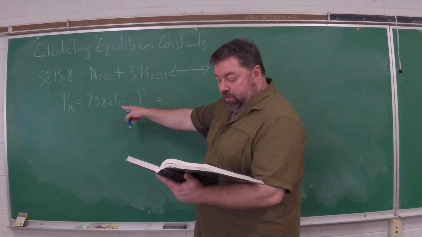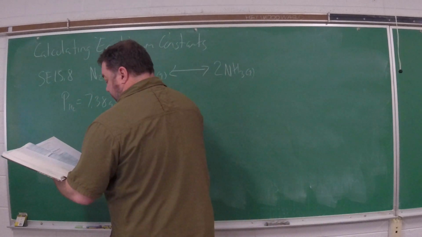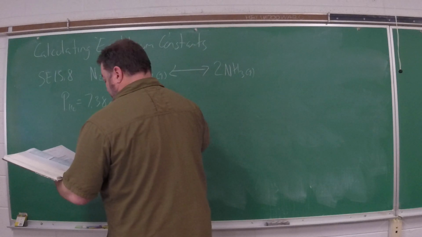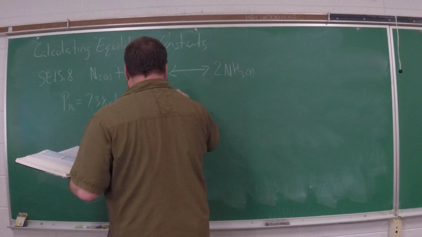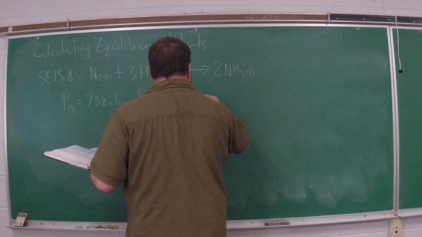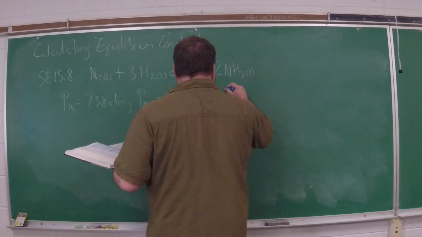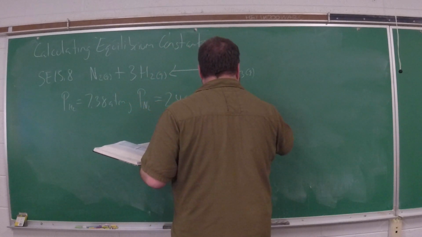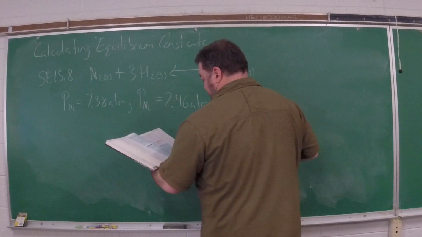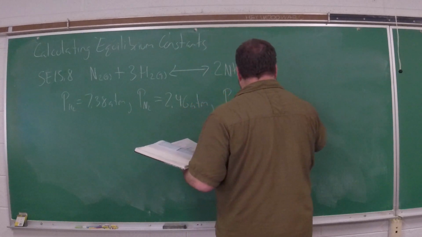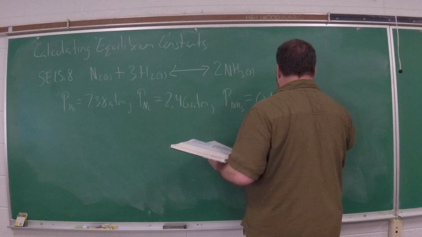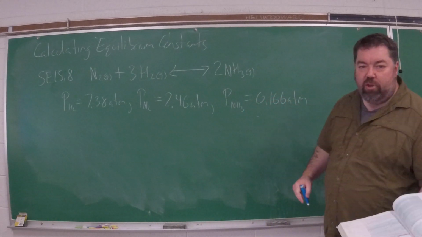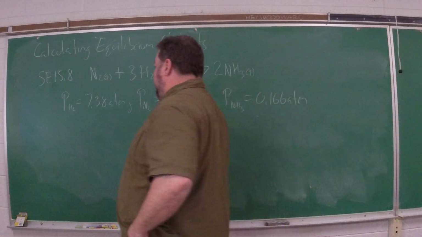Partial pressure of N2 is 2.46 atmospheres. And partial pressure of NH3 is 0.166 atmospheres. Okay? So all we have to do is write out Kp and stick the numbers in. That's it.